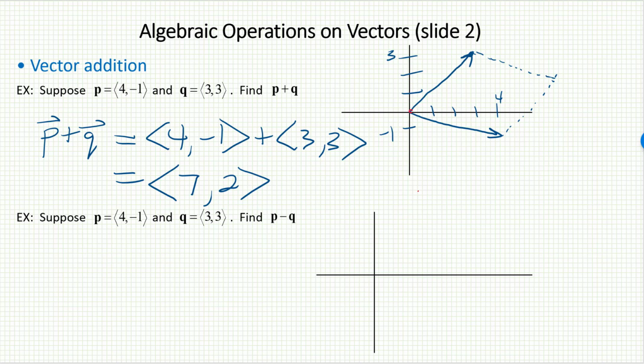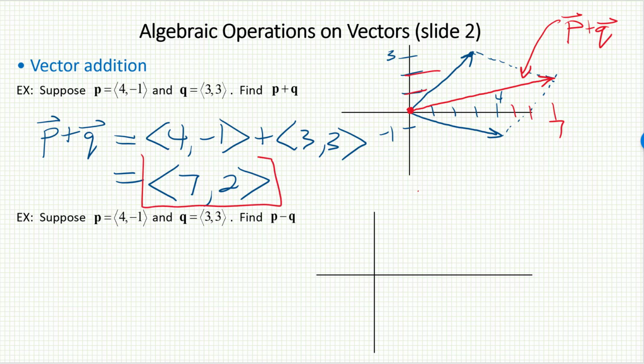And then the resultant vector, the sum vector p plus q, starts where the two vectors started and goes across to that opposite corner. So here is a picture of vector p plus q. I know my drawing is not perfect, but I think you can reasonably see that this is 7 over and then 2 up, 1, 2. This is the vector 7, 2.